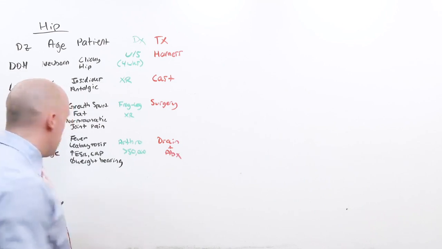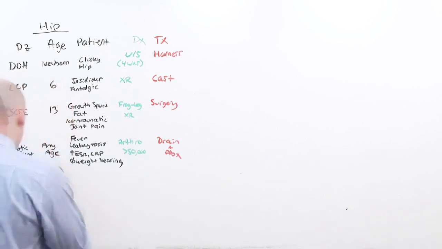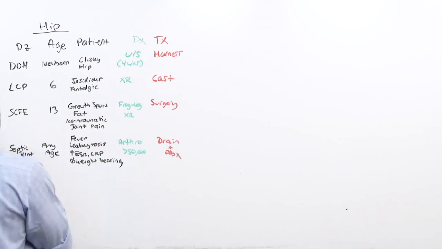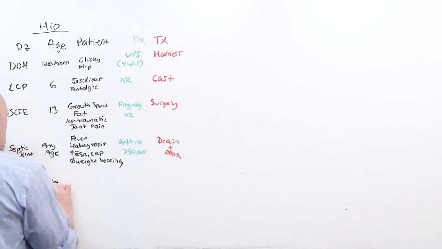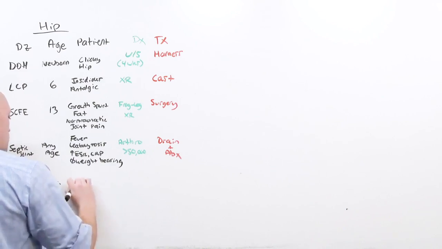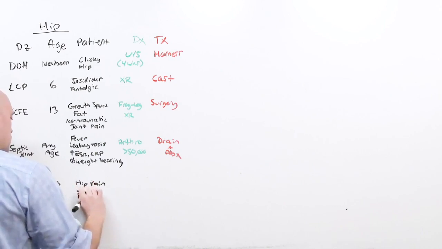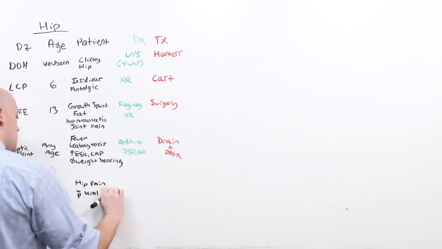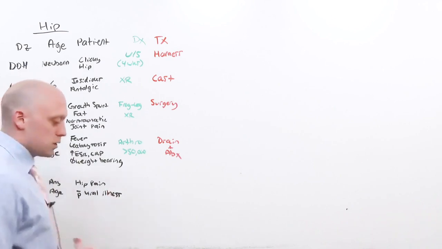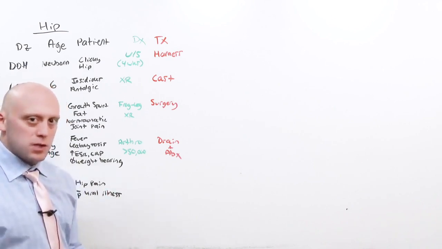But the look-alike to septic joint, transient synovitis. Transient synovitis occurs at any age and generally presents with hip pain. It usually occurs after a viral illness. This is not reactive arthritis like we discussed in rheumatology, but has a similar concept.